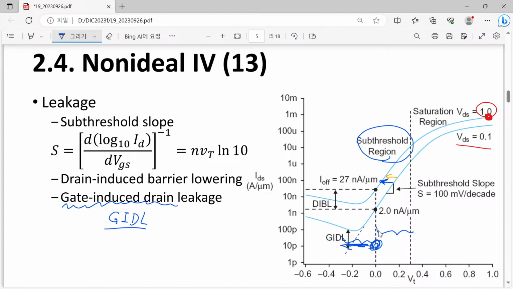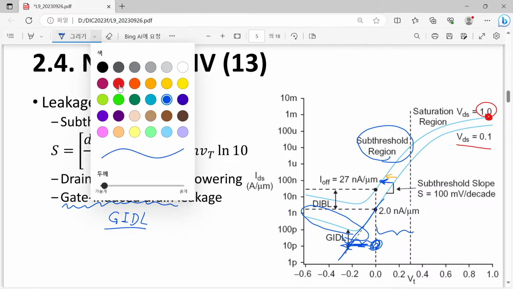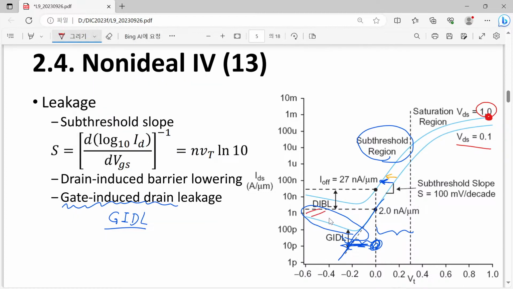So here we wanted to have just an ever decreasing curve when we decrease the gate voltage. However, there occurs a certain kind of leakage current which is not expected here. So this curve originates from this GIDL phenomenon.